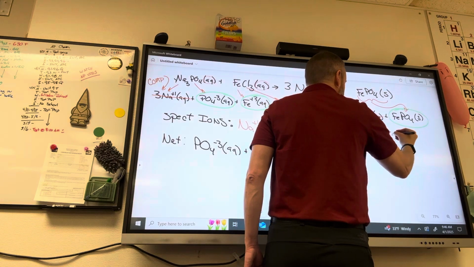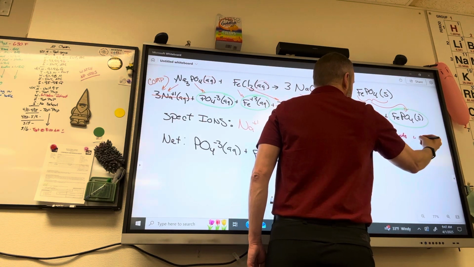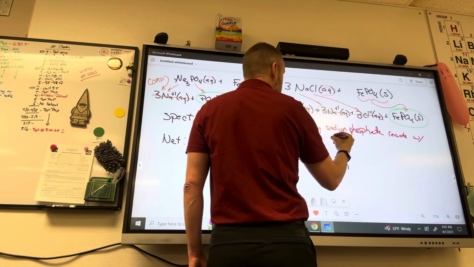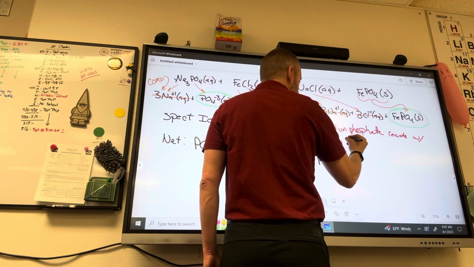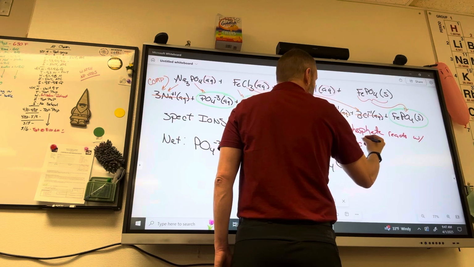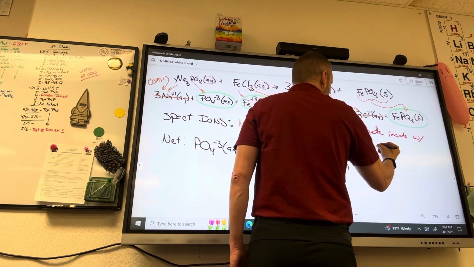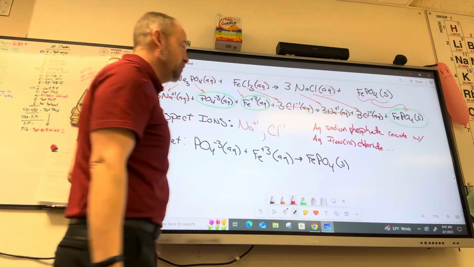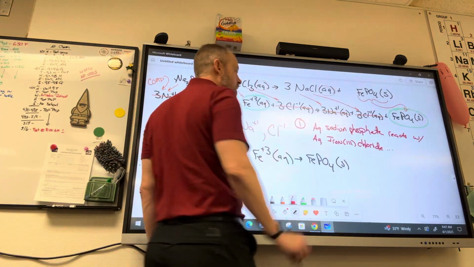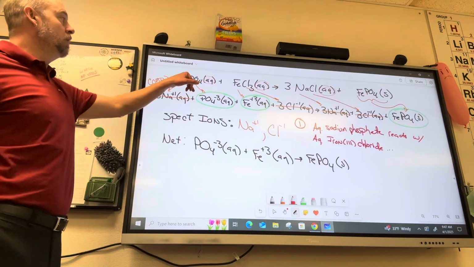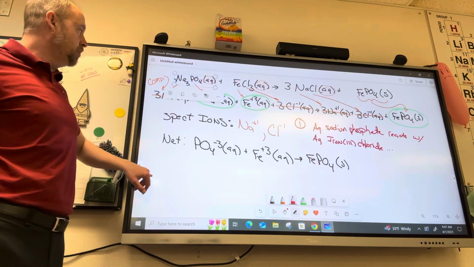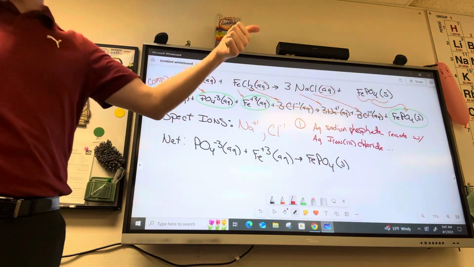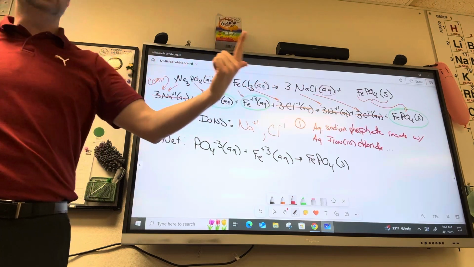Okay? So this could be a great example of an assessment question right here. You would first need to write out the skeletal equation and then balance it. So that's probably 2 points right there. 1 point for the skeletal equation, 1 point for balancing it.